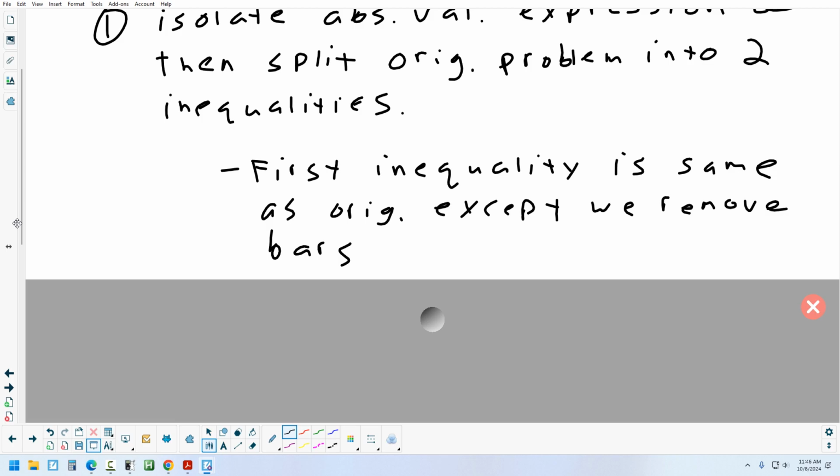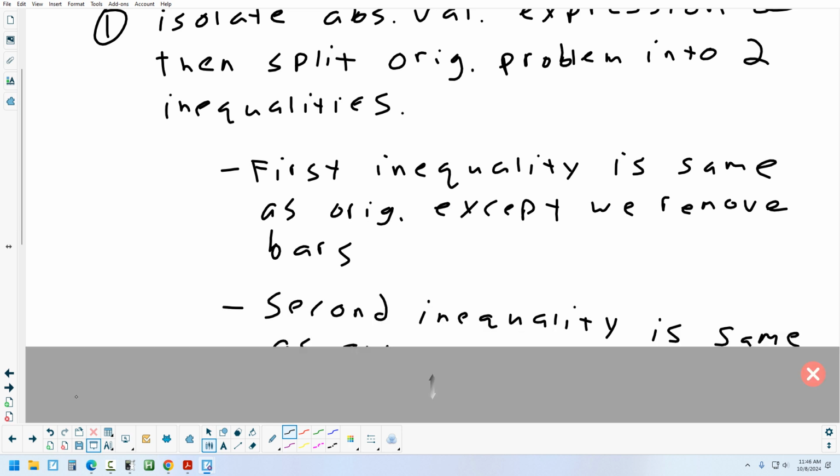We don't have to do the same thing today, but there's one extra thing we have to do today. We'll get rid of the bars, we'll make the number on the other side a negative, and what do you have to do with inequalities when you make something a negative like that? Also have to flip the sign.